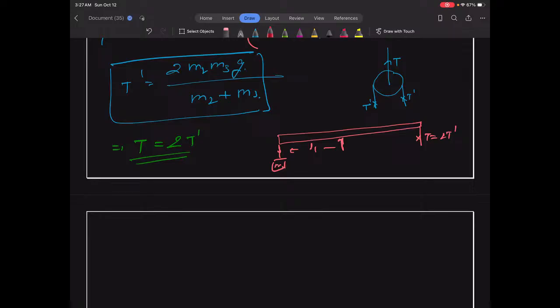And m1 is going to exert in the downward direction m1g, and this is our L2. It is said that it should not be rotating, so there is equilibrium in rotation. Therefore we can say that the net torque about the pivot point P should be equal to 0.